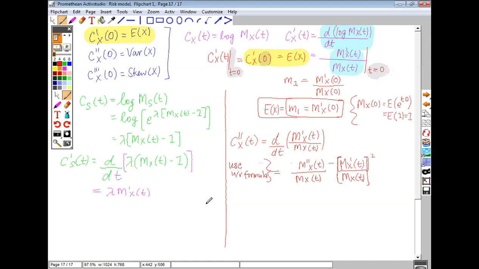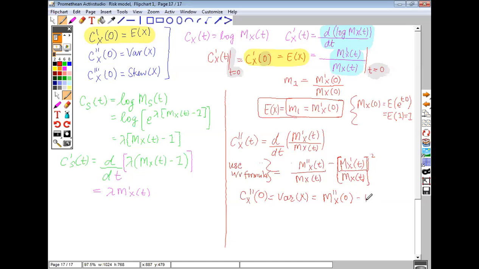So again, can I do something else? If you try to compare this, now again we equate, okay, let me just take this at 0. So it will become what? My variance for x will be equal to m double prime of x evaluated at 0, and mx0 will again be 1, right?